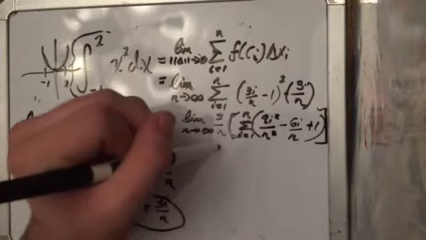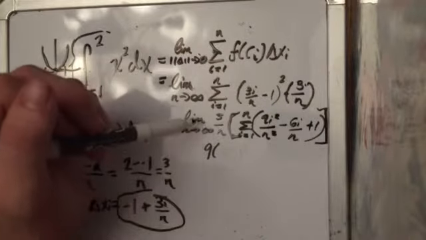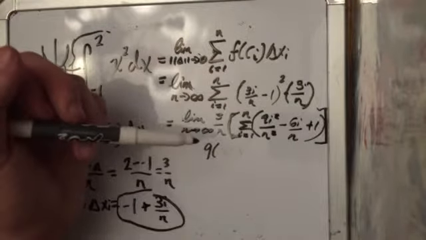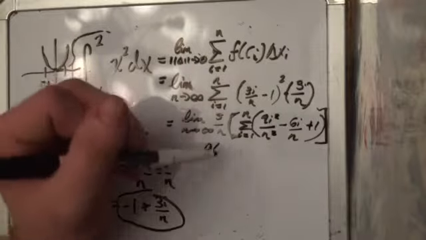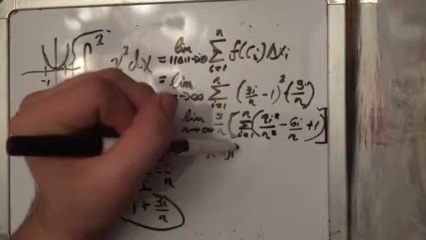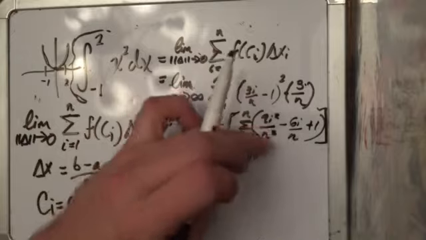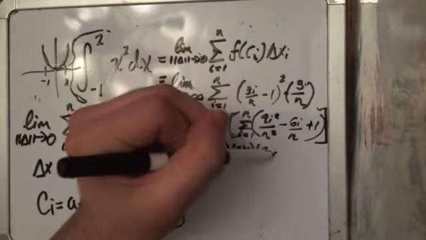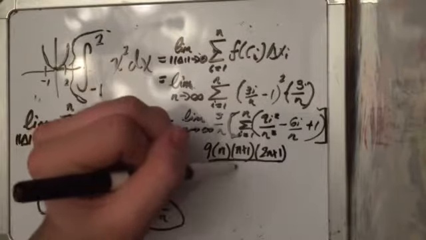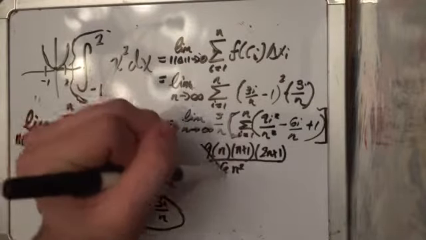So we have this i squared right here, so it's going to be 9 times n times n plus 1 times 2n plus 1 over 6, times n over n squared, and don't forget the 6.